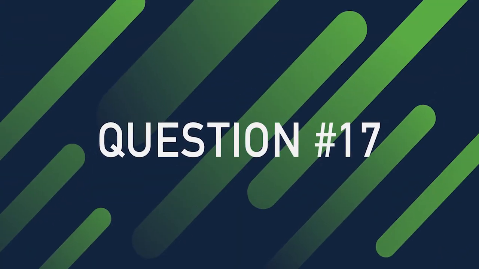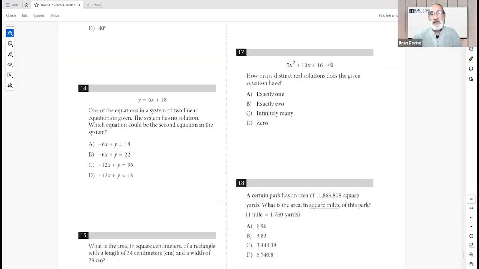Question 17. We're given a quadratic equation equals 0, and we want to know how many distinct real solutions this equation has. Well, remember when it's in ax squared plus bx plus c equals 0 form, then we can use the quadratic formula.